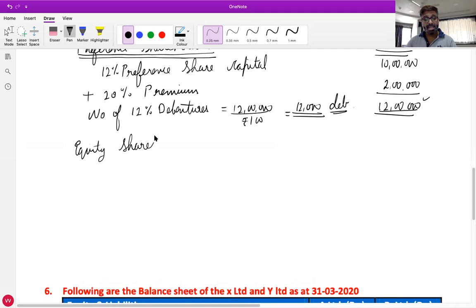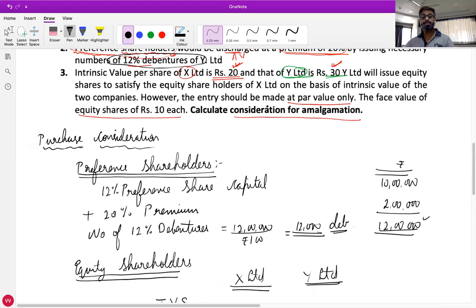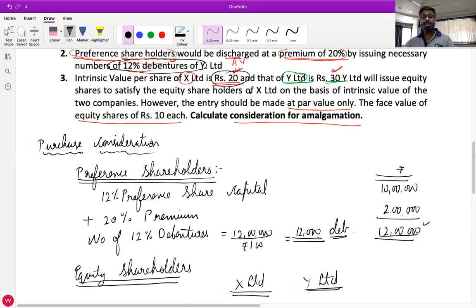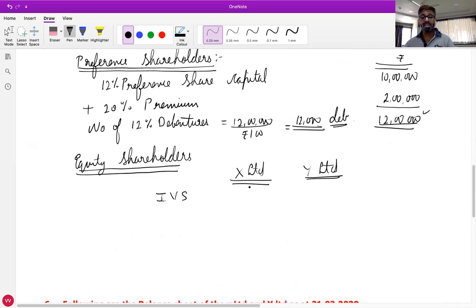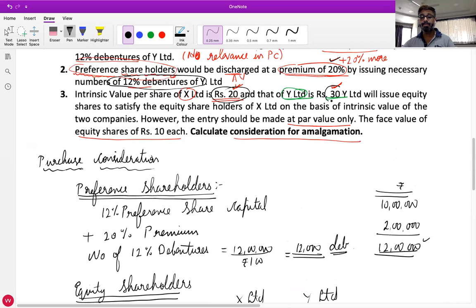Now, the second payment we take is to equity shareholders by the intrinsic value method. So first we write X Limited, Y Limited. What is the intrinsic value of shares of X Limited? 20. What is the intrinsic value of shares of Y Limited? 30.